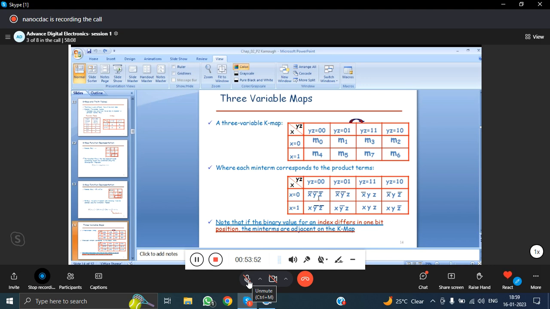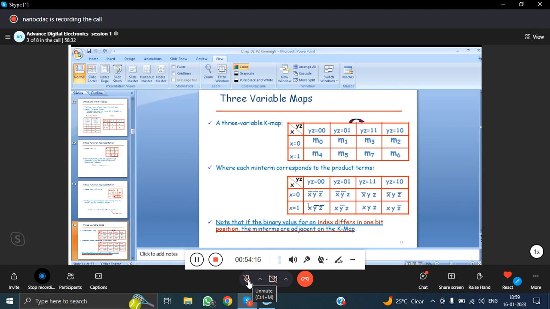So here, X is equal to 0, so x bar y bar z bar. Then x bar y bar z, and here x bar y and z. In all these blocks x is equal to 0, so you get x bar, and yz bar corresponding to this value.